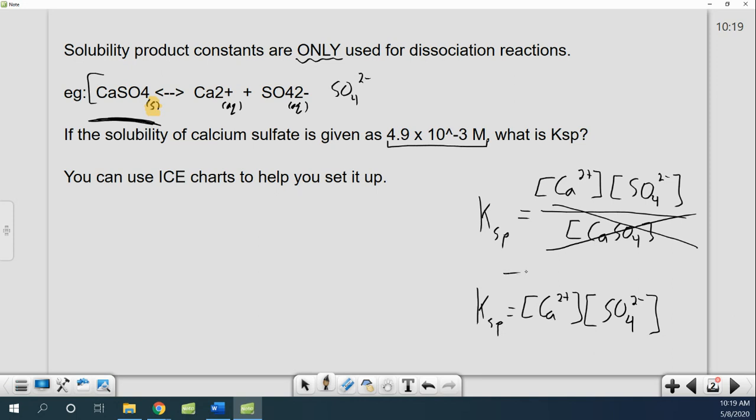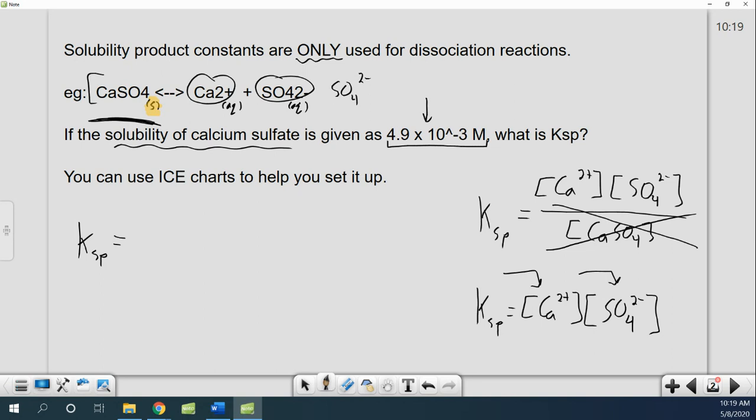So what we have to figure out are what are these going to be? Now, I'm not going to have to use an ice chart for this one because they're telling it to us. The solubility of calcium sulfate is 4.9 times 10 to the negative 3. That means if I were to put this in water and try to dissolve it, this is what the concentrations would be of my product. That's how much of it would break down.